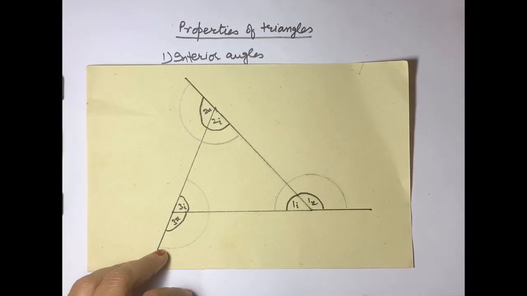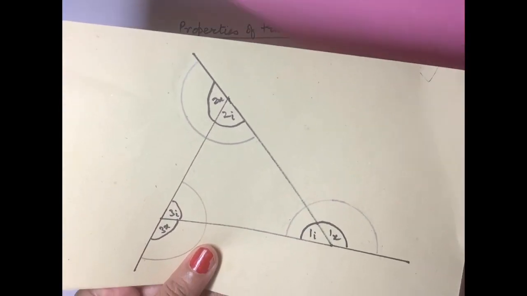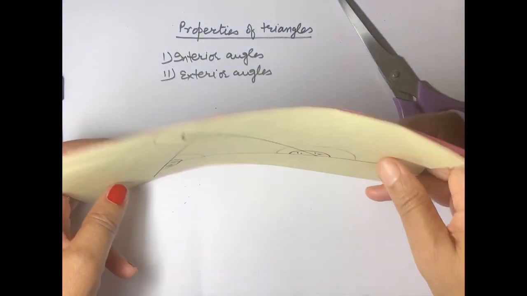Take a scissor and cut out the triangle. Let's take one more paper.